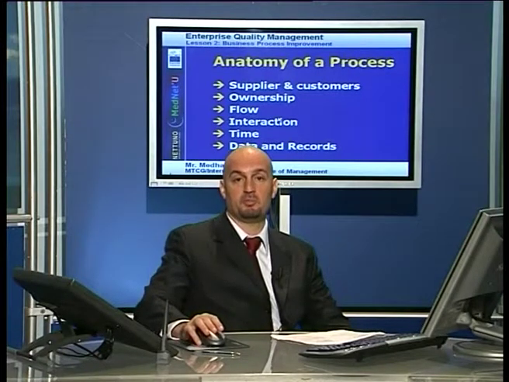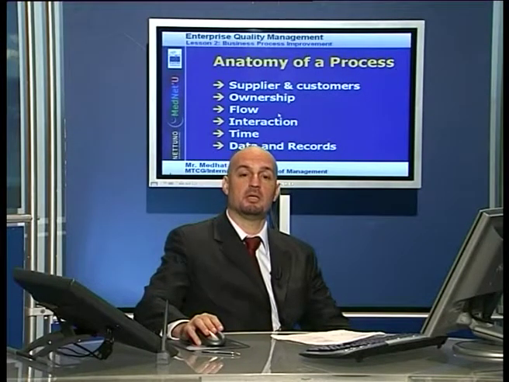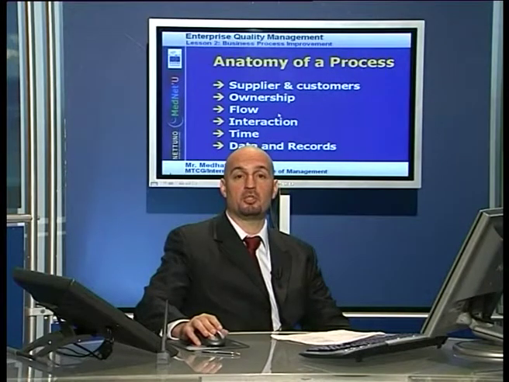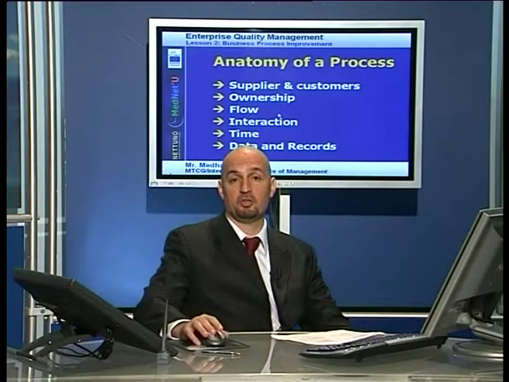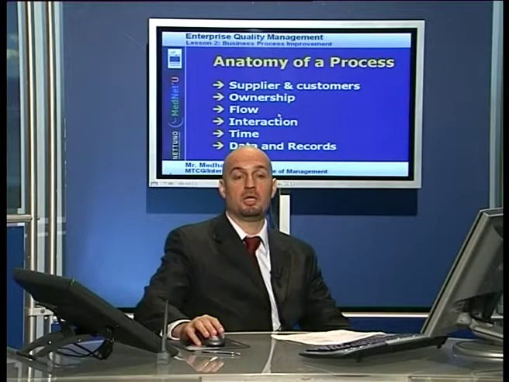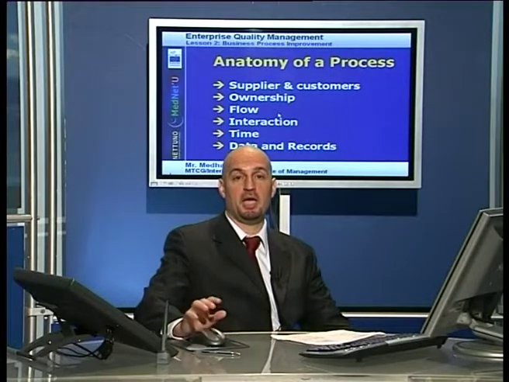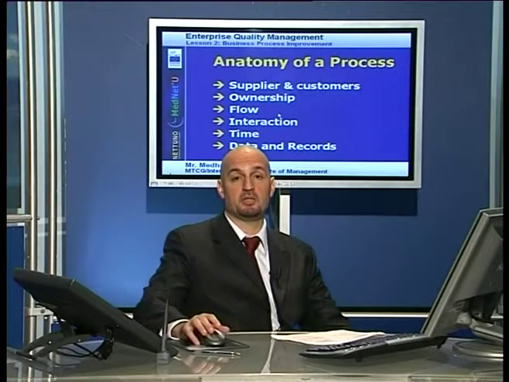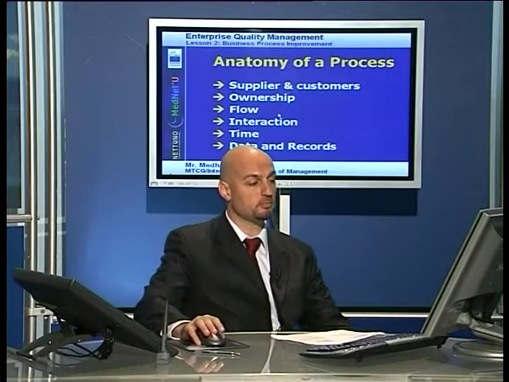Now, many times before the marketing team publish an advertisement, they have to check with the legal department for compliance with the language. So there's an interaction between the legal risk management and the marketing and advertisement process.